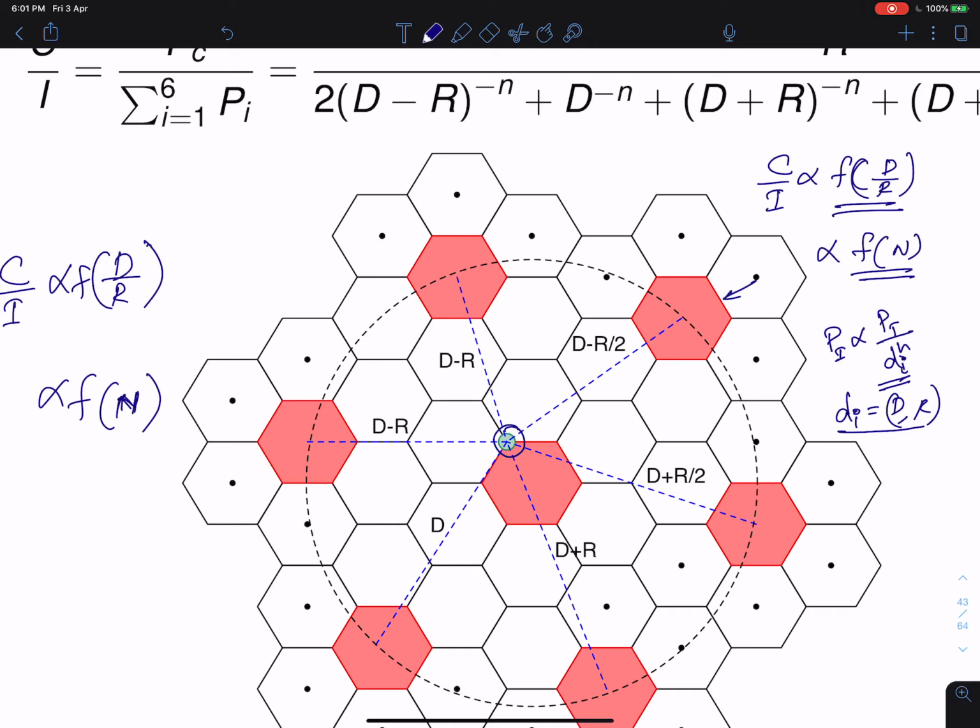The reason is that we have already derived an expression for carrier to interference, because if I write it in terms of D and R, then I can reduce the expression to be in terms of the cluster size. So it gives me simple hand analysis results. To a first order, I can analyze what is actually happening in the system.